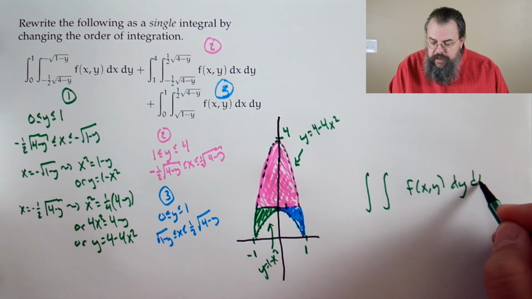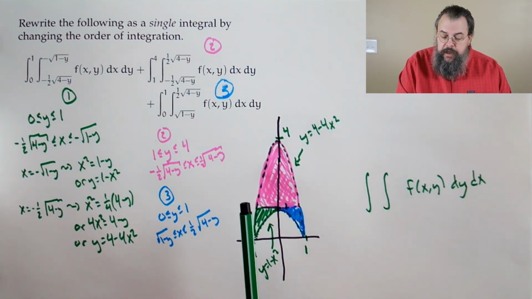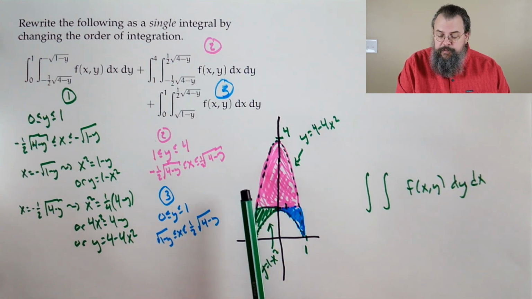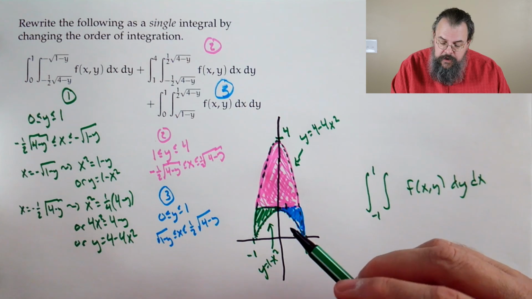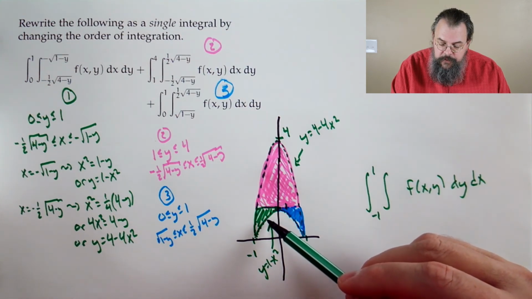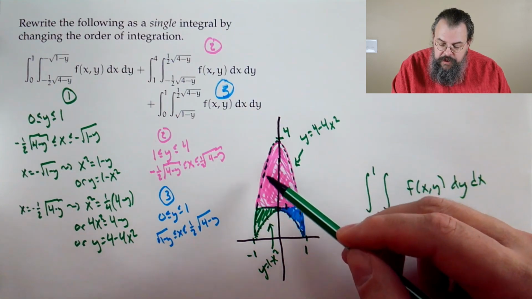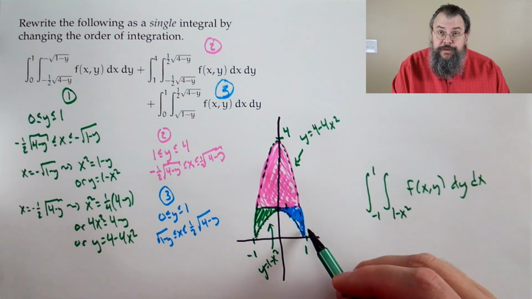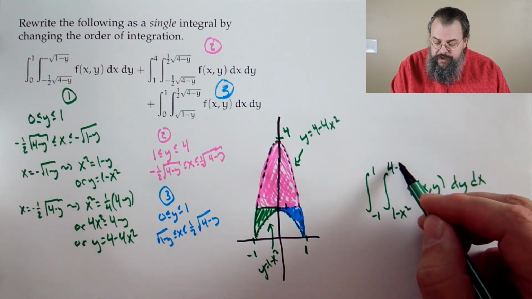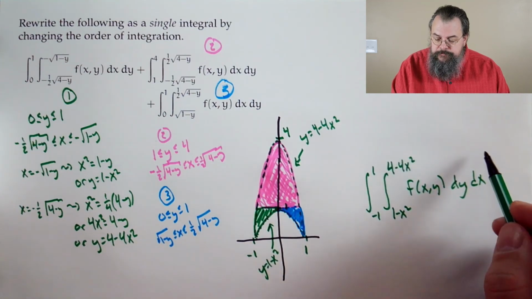Say, okay, x goes -1 to +1. And now, for any value for x, you go from the lower curve to the upper curve. Well, that's from 1 minus x squared, that's our lower curve, to 4 minus 4x squared, that's our upper curve.